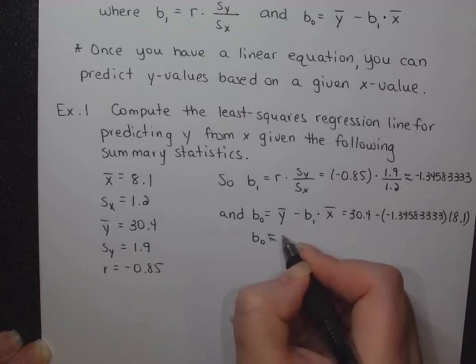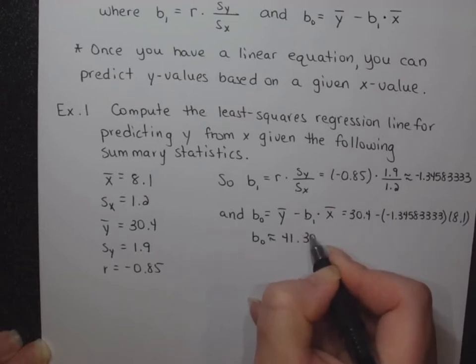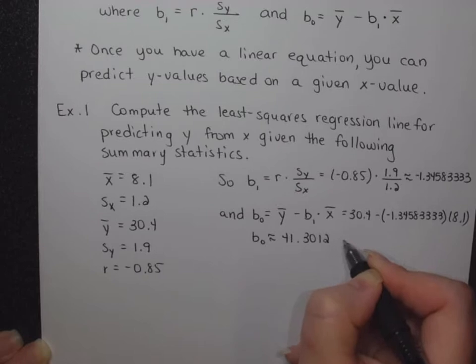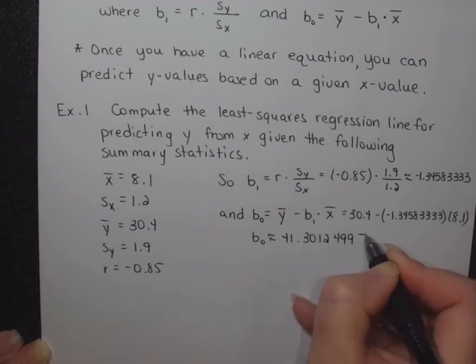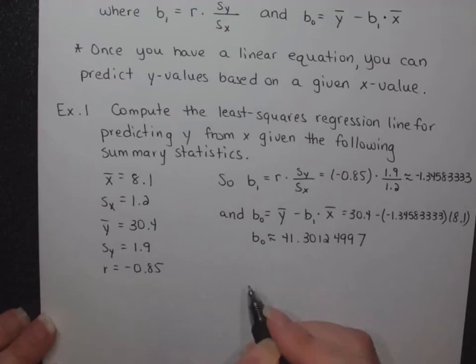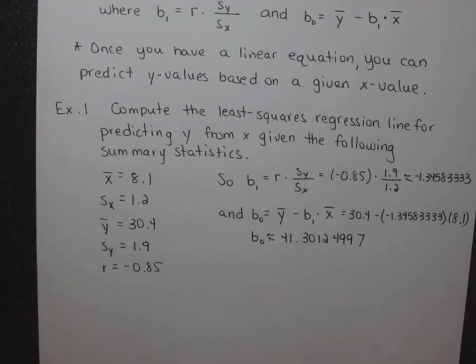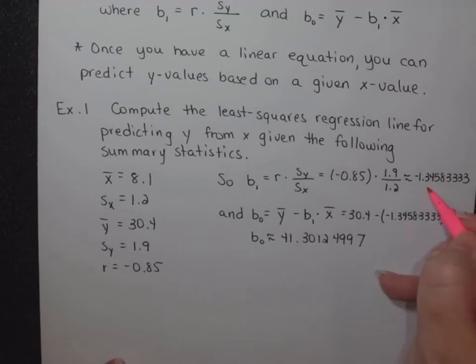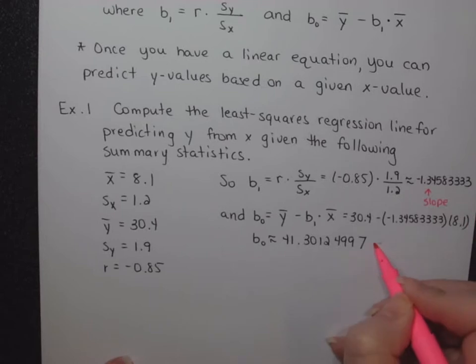So b sub 0 works out to be about 41.3012 4997 if we take it out to 8 decimal places. And this is going to be your slope, and this is going to be your y-intercept.